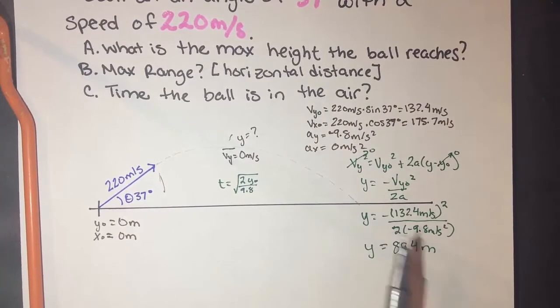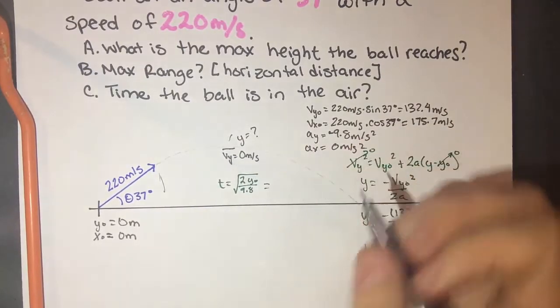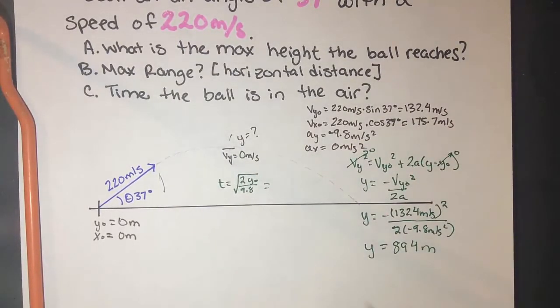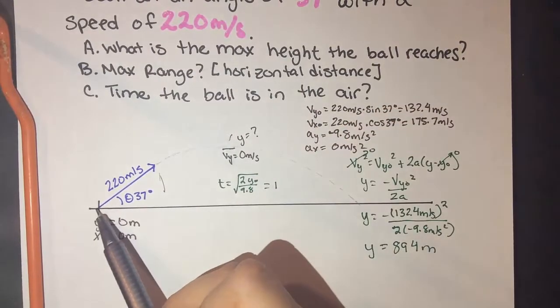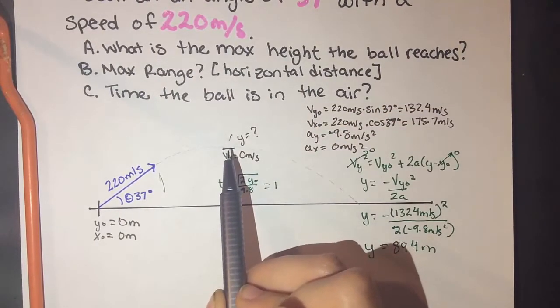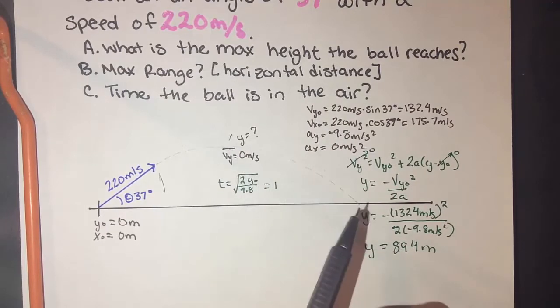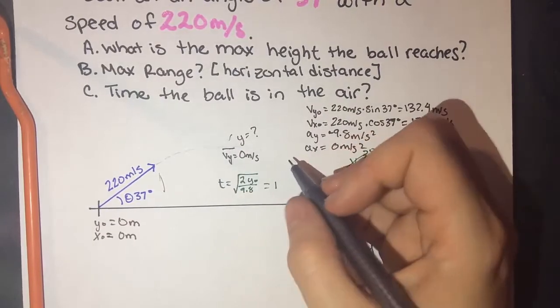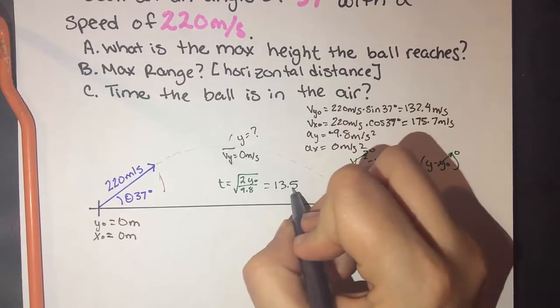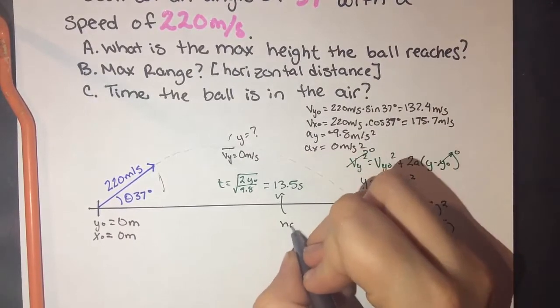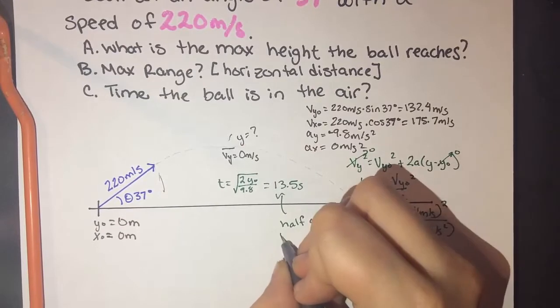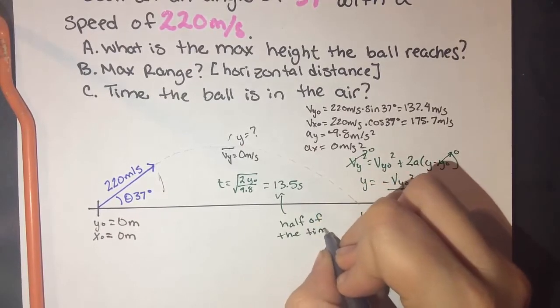So we're going to use this number here. When we do that, we get the time for half of our flight. We find that the time it takes to get from this point to my highest point, or my highest point back down to the ground, is 13.5 seconds. This is only half of the time of flight.